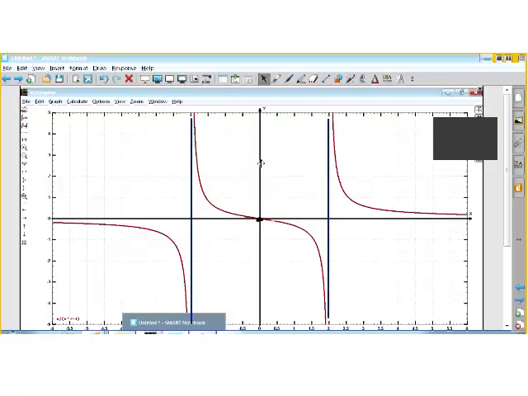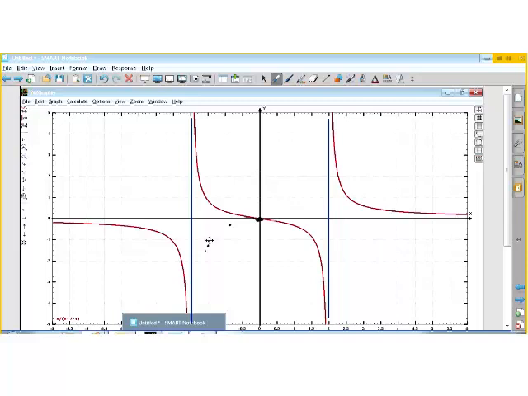And what else did we say? The horizontal asymptote was 0. You see they both go to 0, but one from the positive side, one from the negative side. And as far as symmetry is concerned, notice how this mirrors that, except it's flipped.